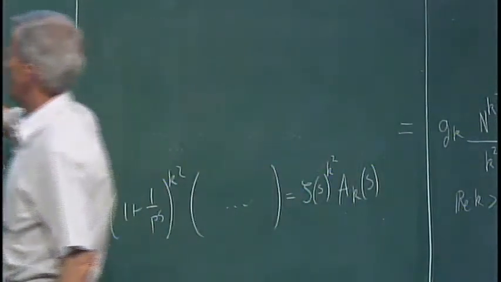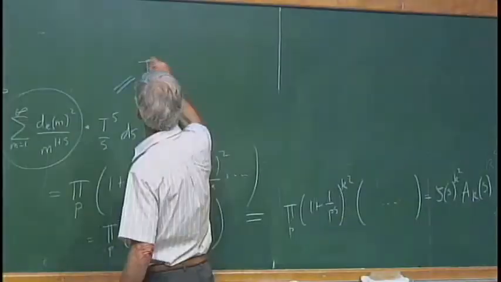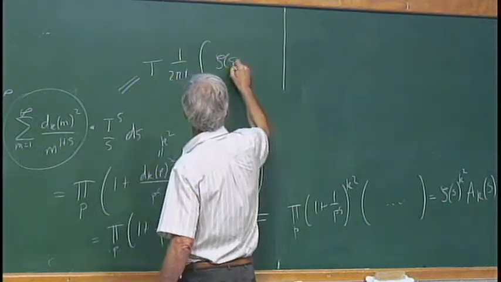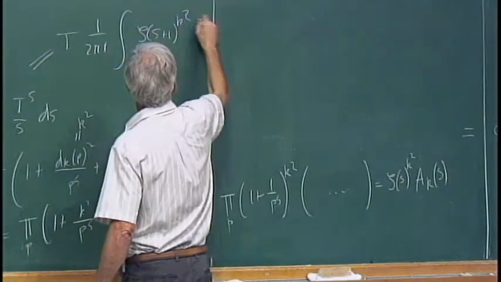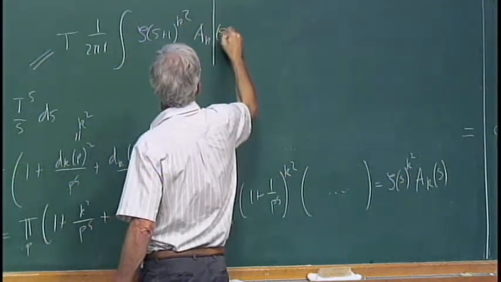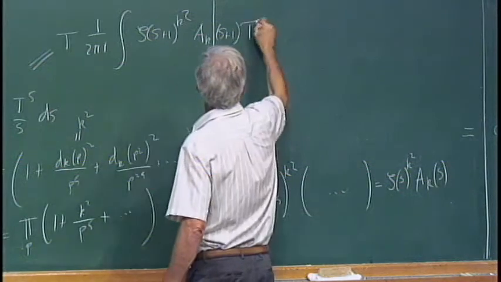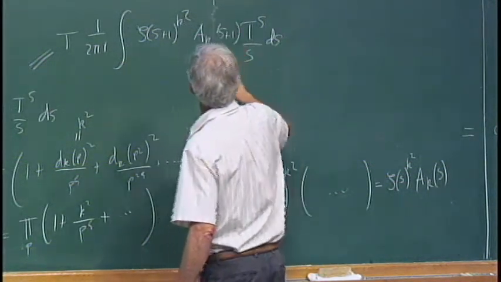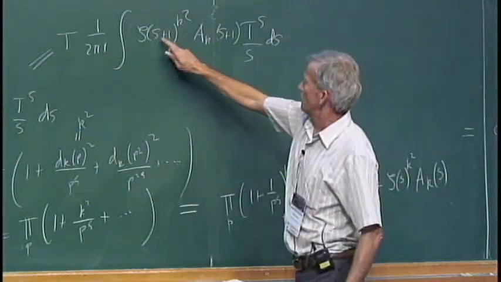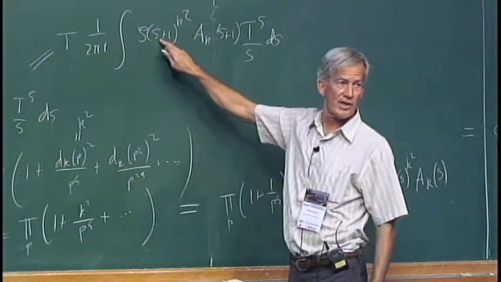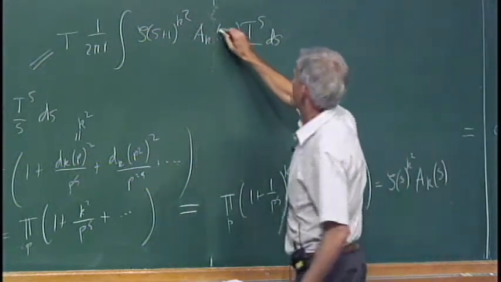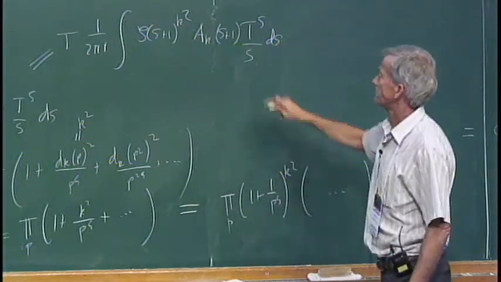And so when you come back over here, you have t times 1 over 2 pi i integral zeta of s plus 1 to the k squared times this A_k of s plus 1, t to the s over s ds. And there's a pole at s equals 0 of order k squared, and then another pole of order 1 at s equals 0.